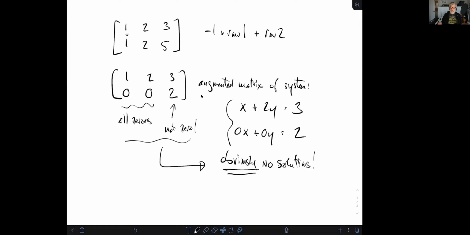So what happens is that when you go to the previous row, you get what we call free variables.